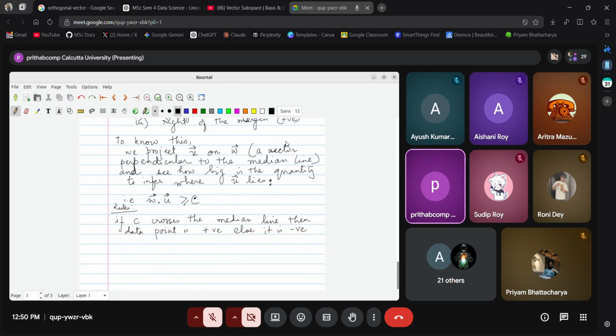So this is the simple basic geometry that we will use to formulate the support vector machine.